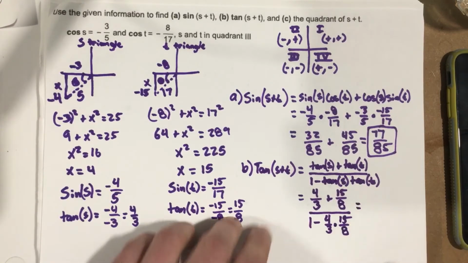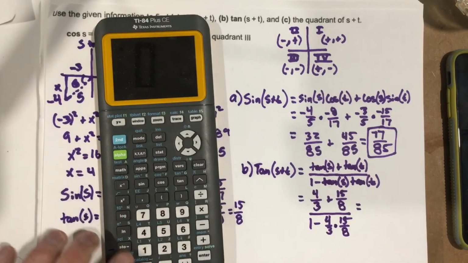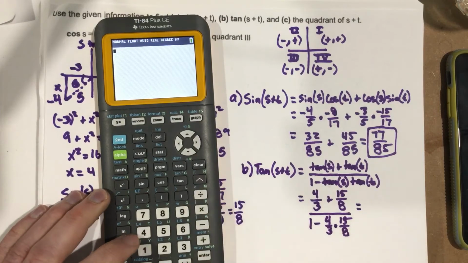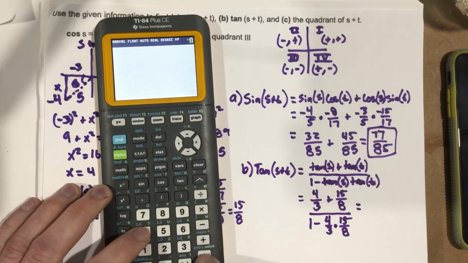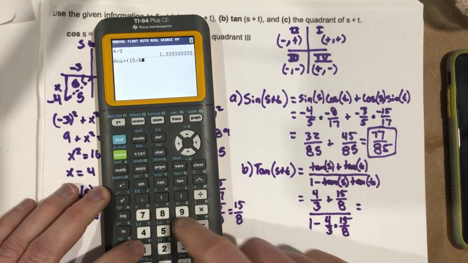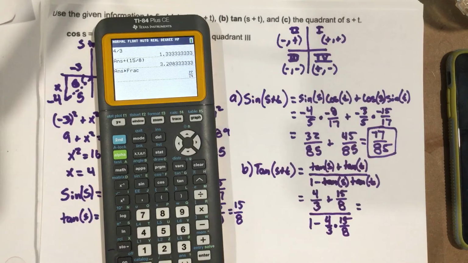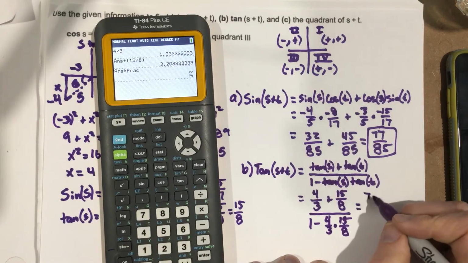And that's going to equal, so let's go ahead and plug this in the calculator. So if we do 4 divided by 3 plus 15 divided by 8, convert that to a fraction, that's 77 over 24.